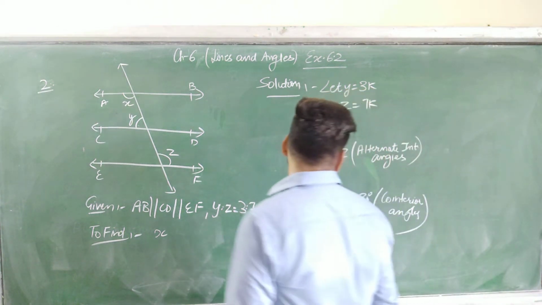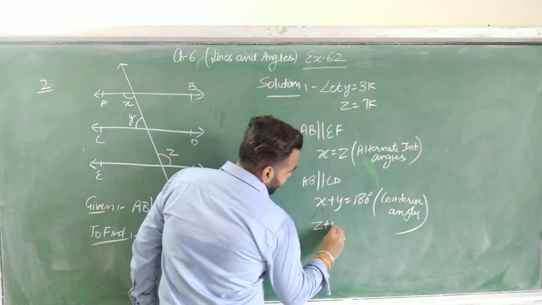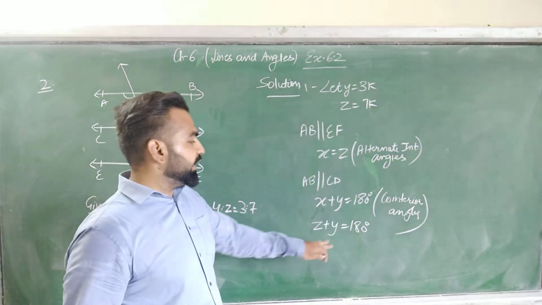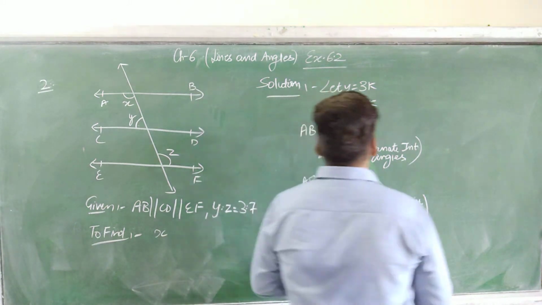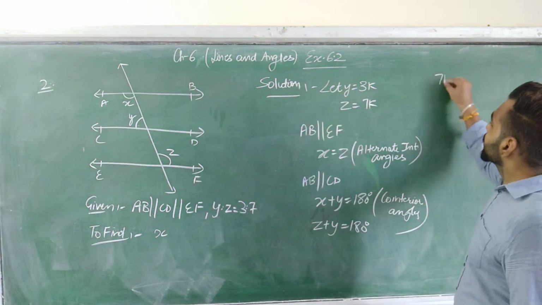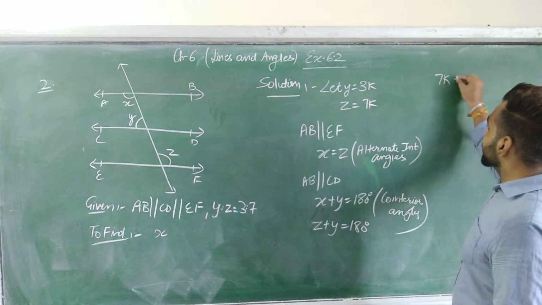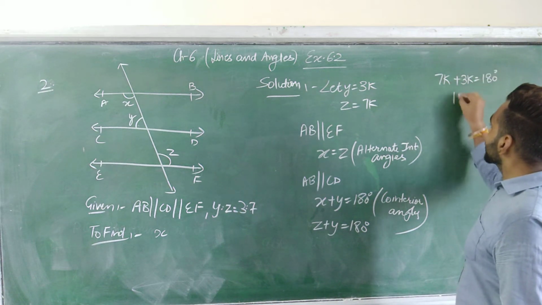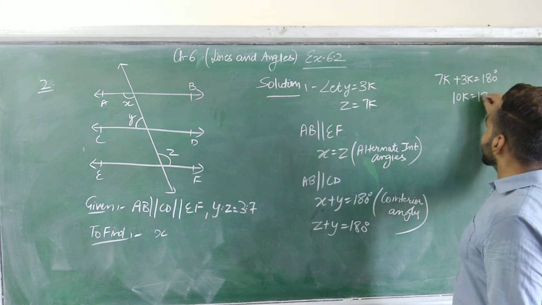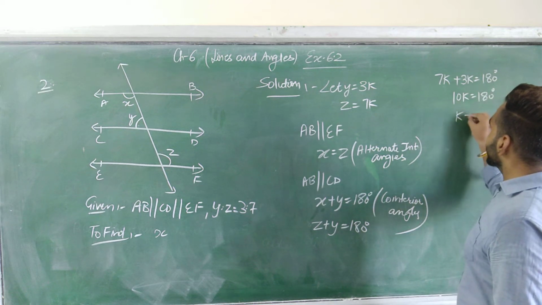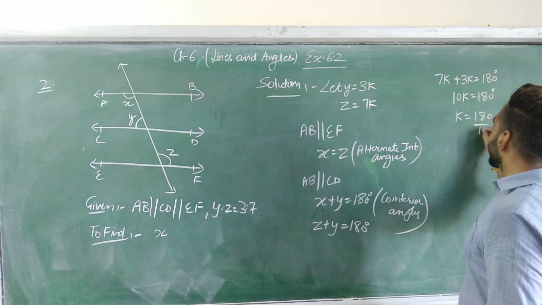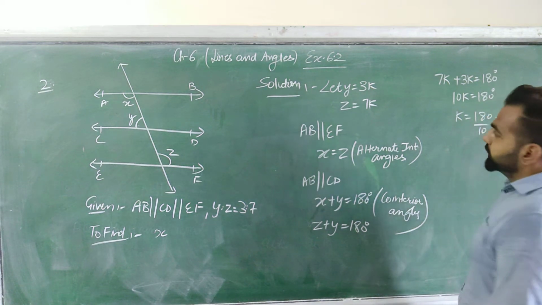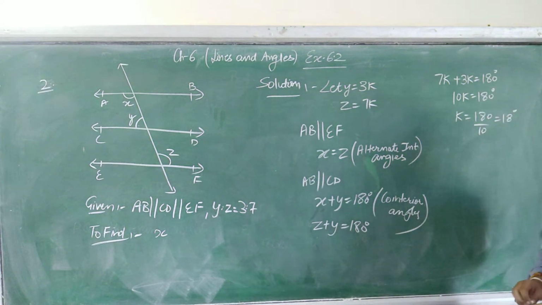So here we can write z plus y is equal to 180. Put the values of z and y here. What is the value of z? 7k. The value of y, 3k, is equal to 180. This is equal to 10k is equal to 180. The value of k will be 180 by 10, that is equal to 18. Clear?